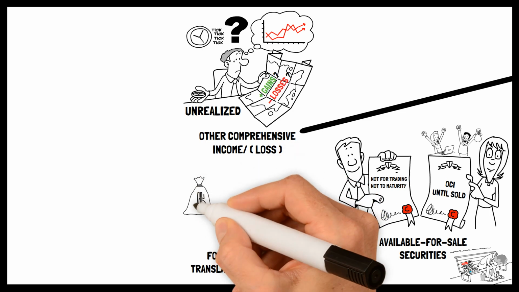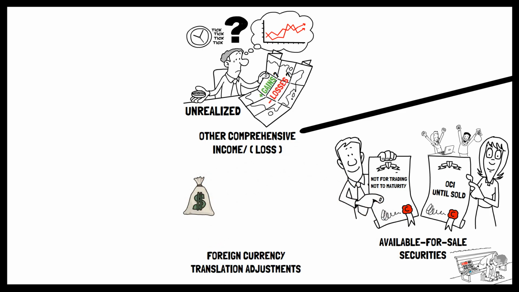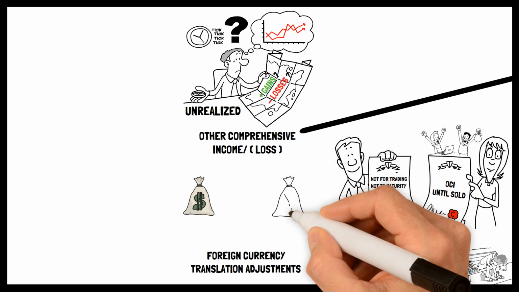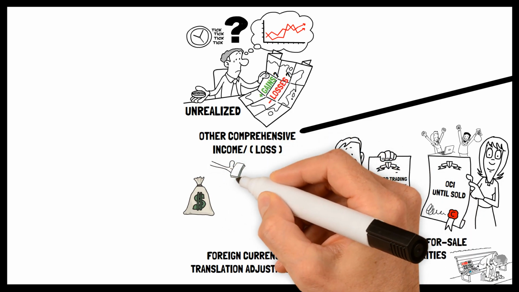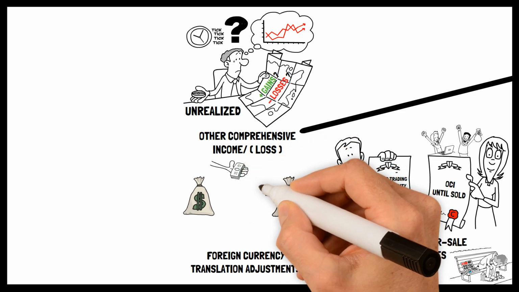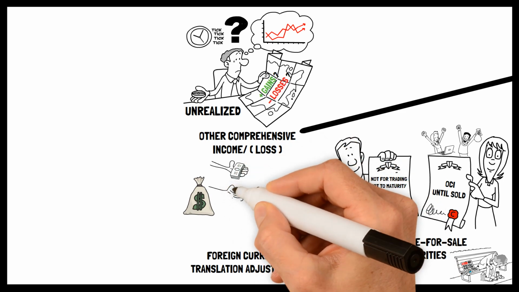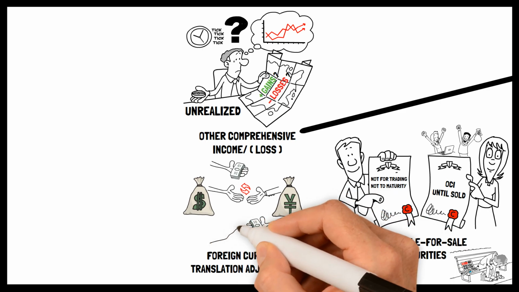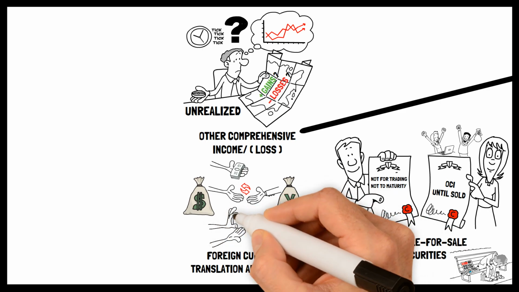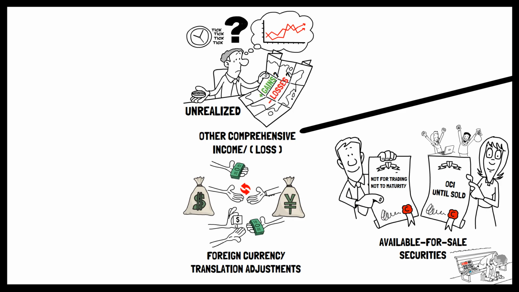If a company has subsidiaries or operations located in foreign countries, it may need to translate the financial statements of those entities into the reporting currency of the parent company. Any gains or losses resulting from changes in foreign currency exchange rates are recognized in OCI.